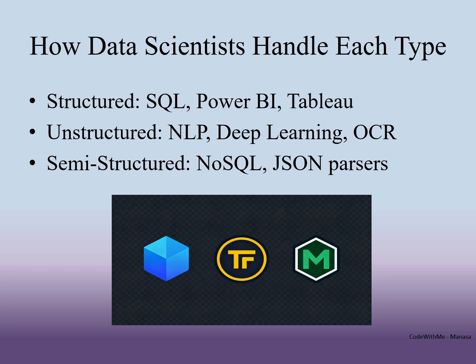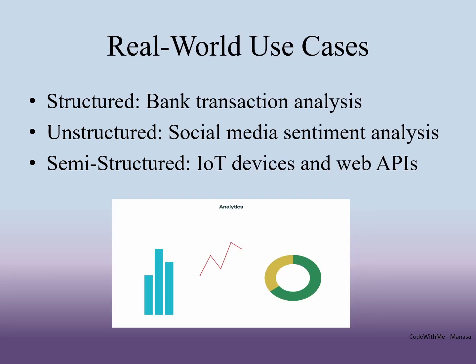So, next, let's see the real-world use cases of these data types in data science. In structured data, let's take transaction analysis and fraud detection. Social media platforms use unstructured data for sentiment analysis, and IoT companies use semi-structured data from sensors for predictive maintenance.